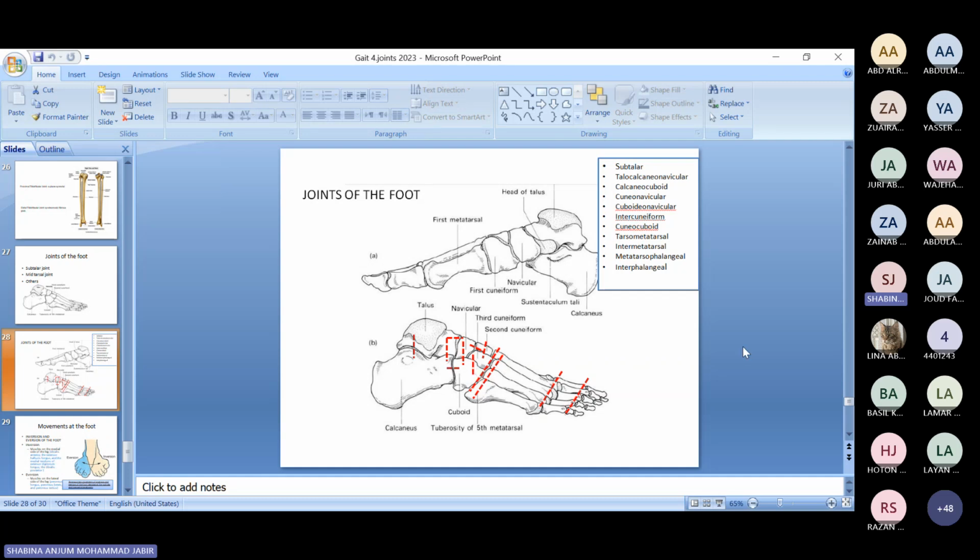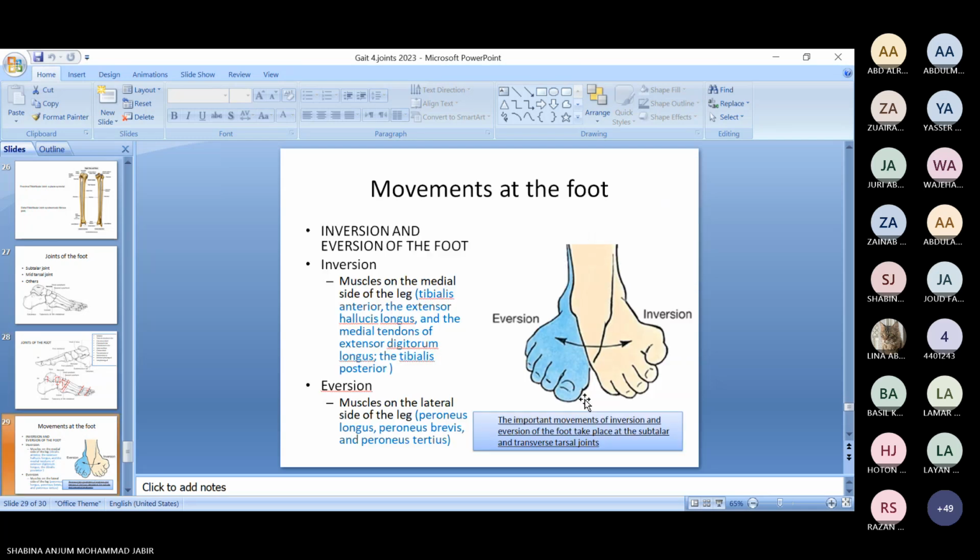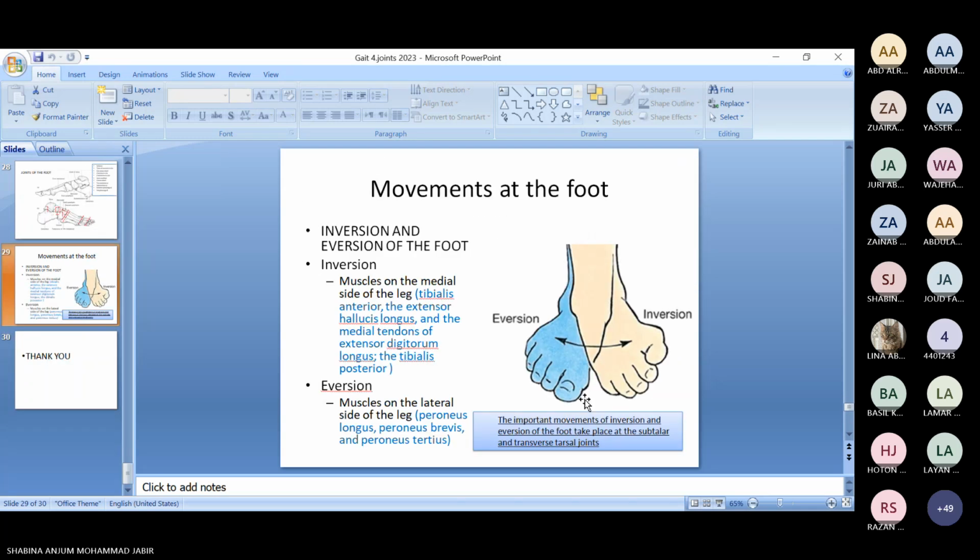They are plain synovial joints that just do gliding movement, except the phalangeal joints, which are hinge joints. So, about inversion and eversion, joints clear? Inversion and eversion take place at the subtalar and transverse tarsal joints.